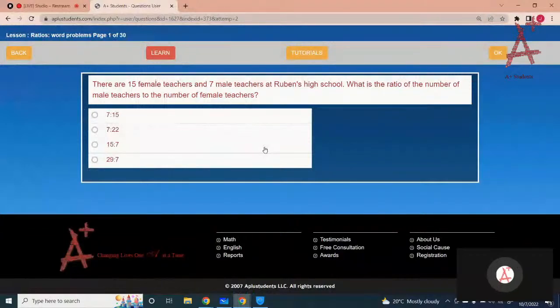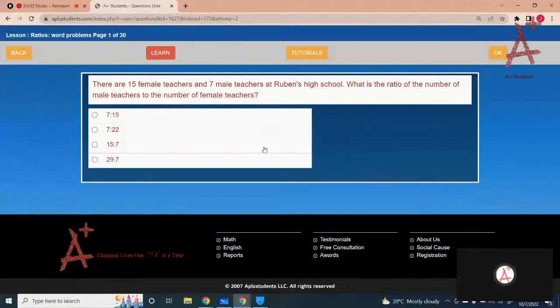Okay, let me read the question. There are 15 female teachers and 7 male teachers at Rubens High School. What is the ratio of the number of male teachers to the number of female teachers?